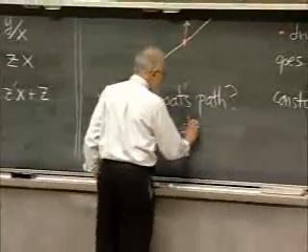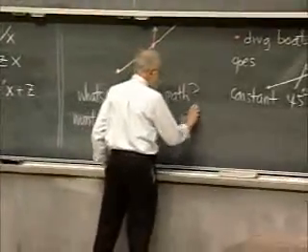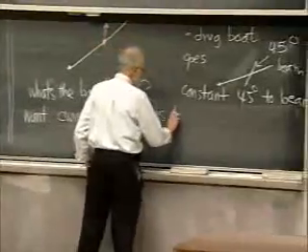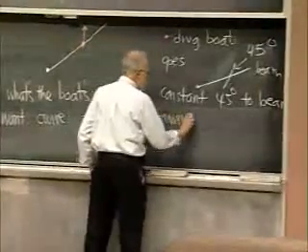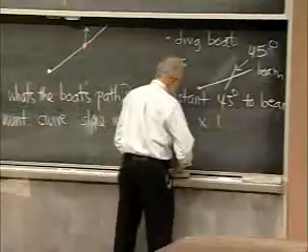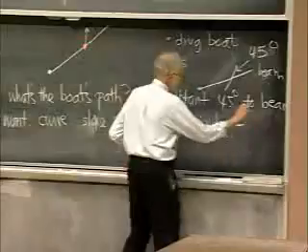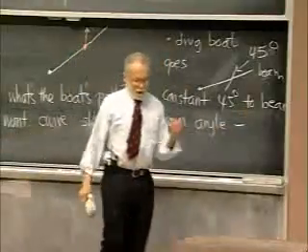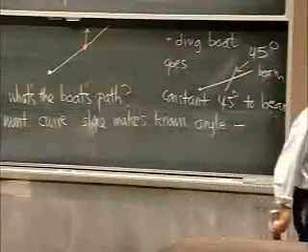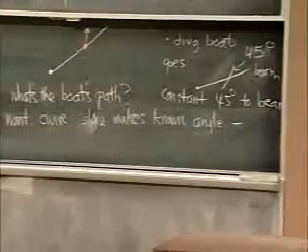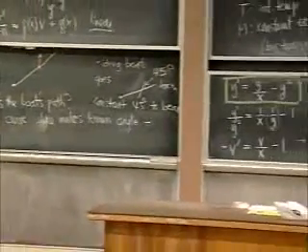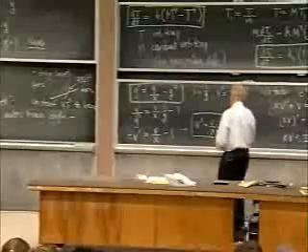Well, if you're trying to find a function and all you know is something about its slope, that is a problem in differential equations. Well, let's try to solve it.